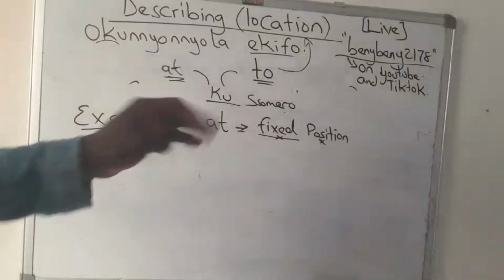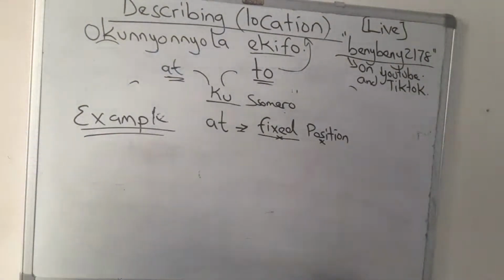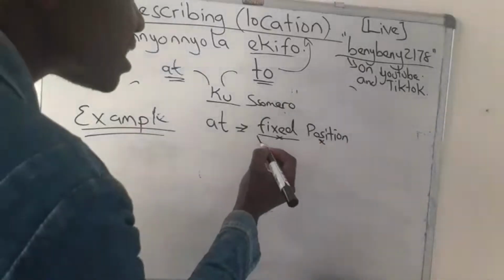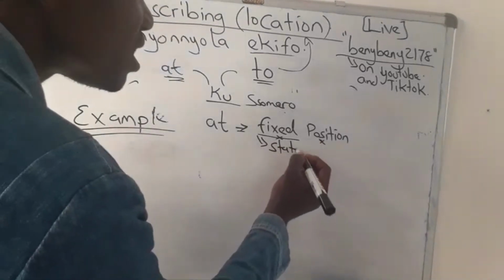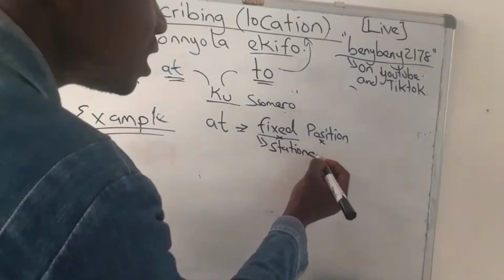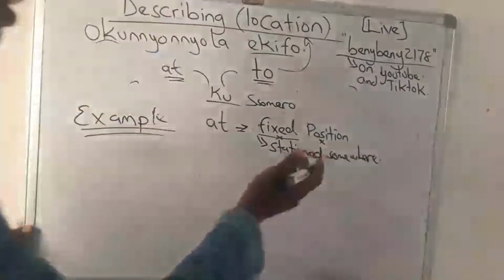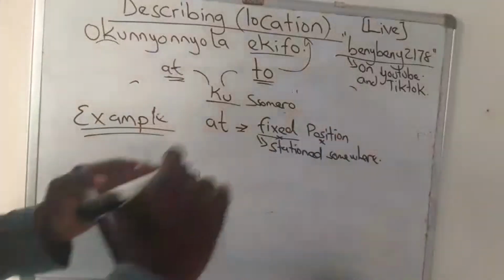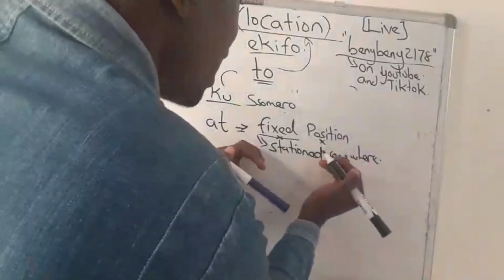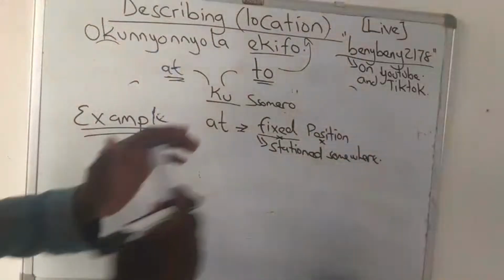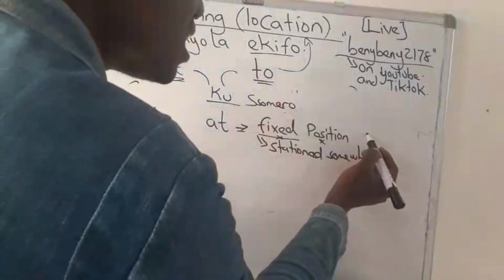What do I mean by fixed position? With fixed position, I mean something being static, stationary. Stationed somewhere. Okay? Something being stationed somewhere. Ekintu nga kiri mu kifo at that time. Nga kituuse mu kifo. It has reached the place.